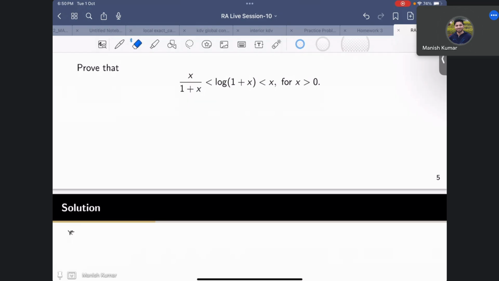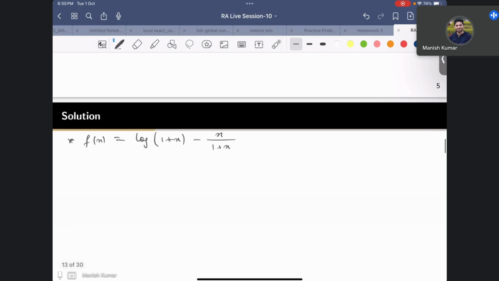So with log, I can define f of x as log of 1 plus x minus x upon 1 plus x. Now you can clearly check from here that f of 0 is going to be 0, and this is for x greater than 0.